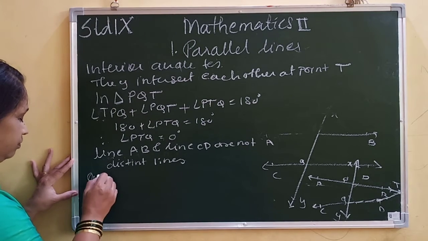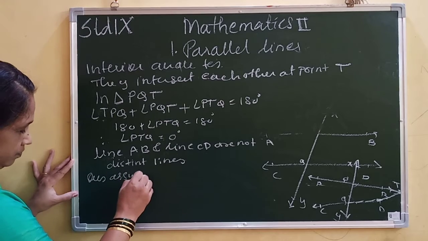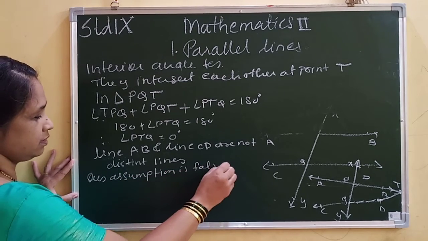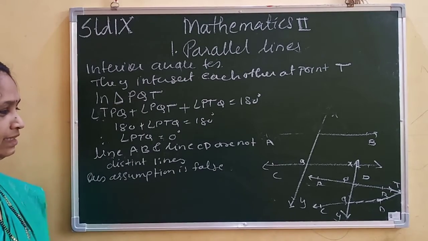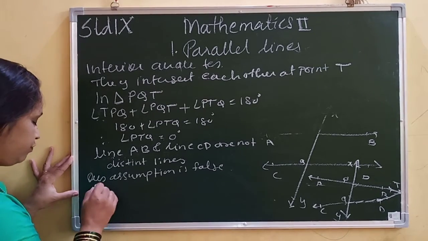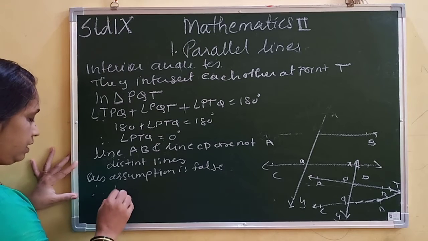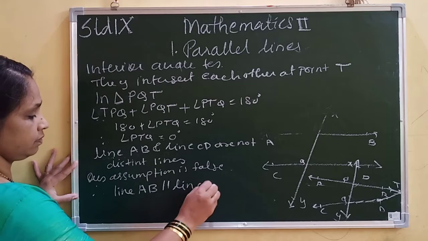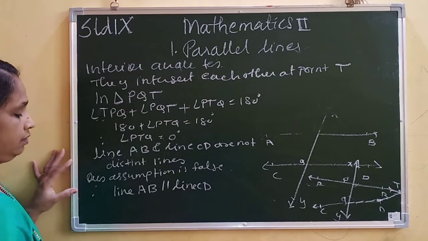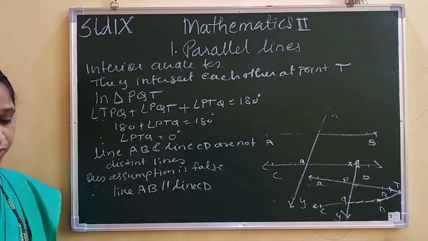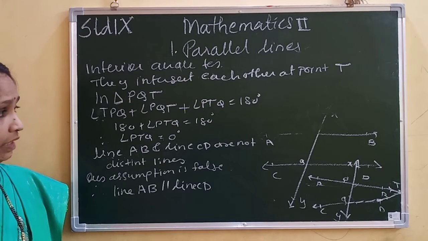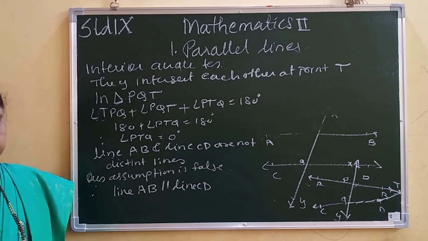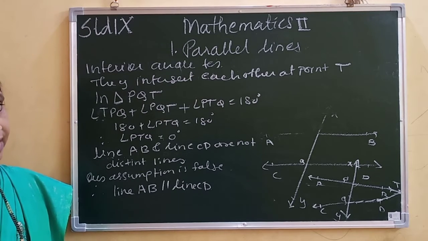So our assumption that the lines are not parallel is false. Therefore, line AB is parallel to line CD. Okay. Now next we will see the theorem, the alternate angle test.